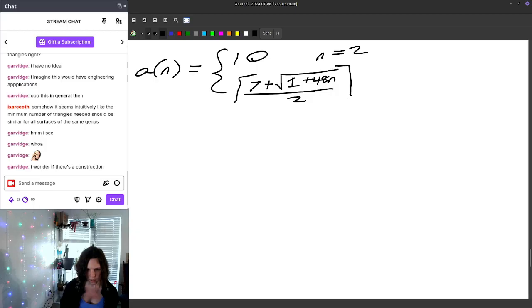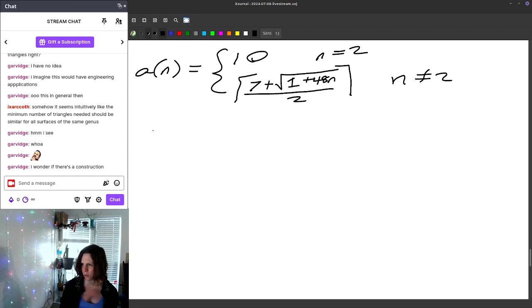All right. And that's when N is not equal to 2. I love that there's just this one exception. There's just this one single exception, where the formula doesn't work when N equals 2.